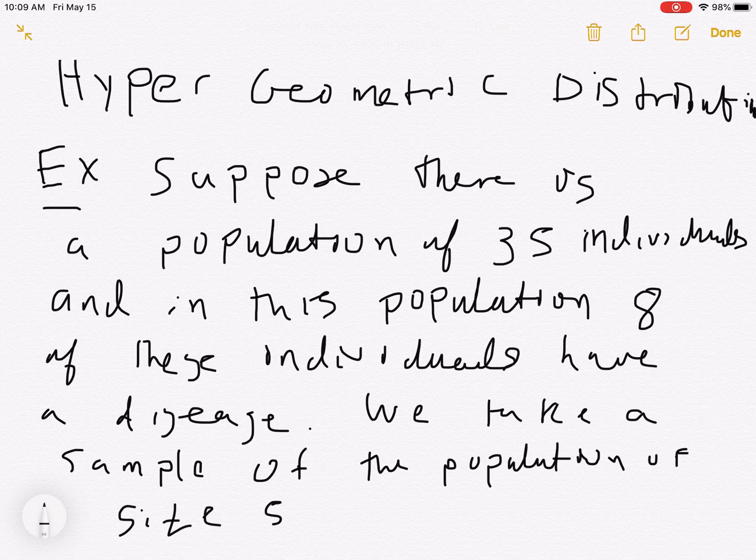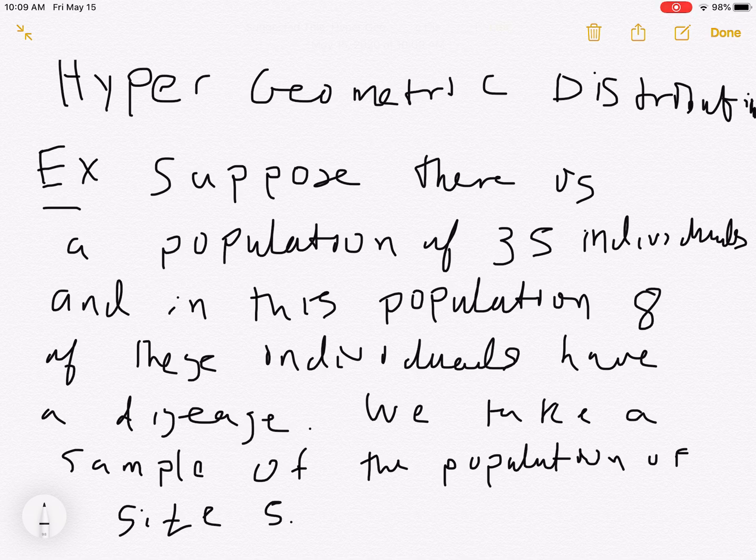Size 5. Now, I'd like to remark that of these 8 individuals with the disease, they don't know they have the disease. So they're indistinguishable from the 35 individuals. They could be asymptomatic or just not know.